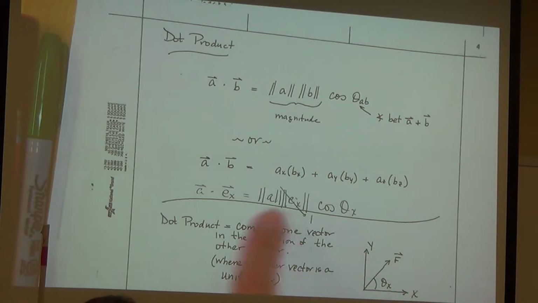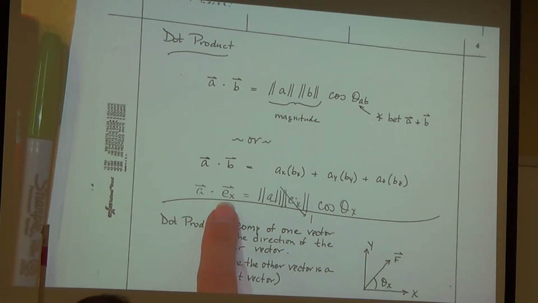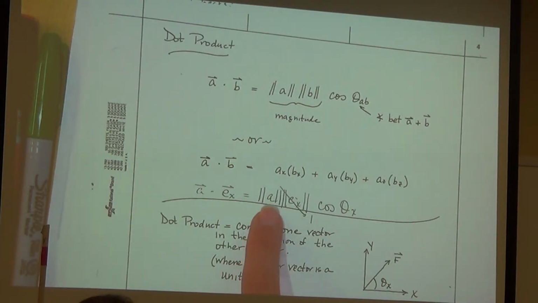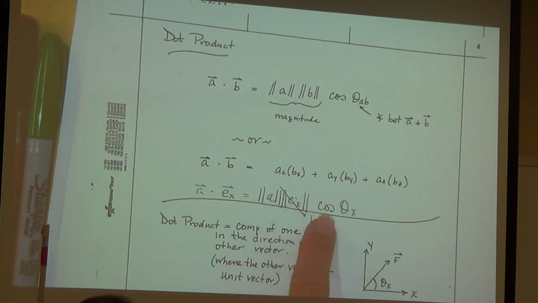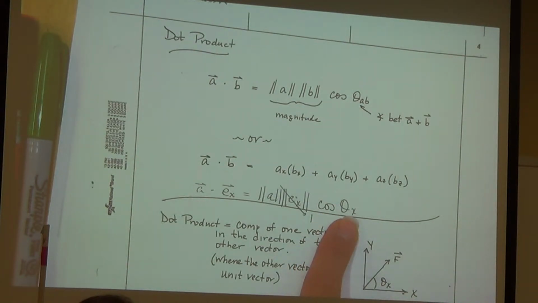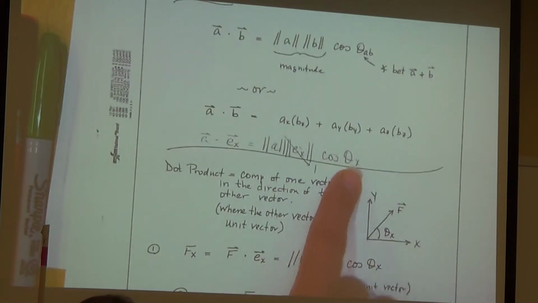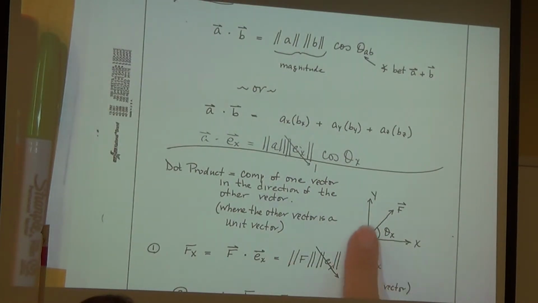So it's really A dotted with the unit vector x, which is just the x-axis. I'm left with A, the magnitude of the force, times the cosine of the direction angle. Isn't that just what we do in a component problem?